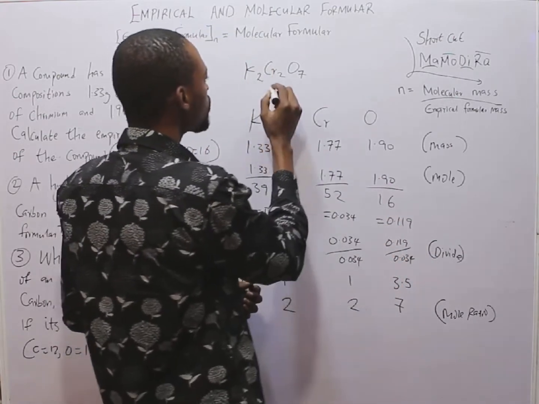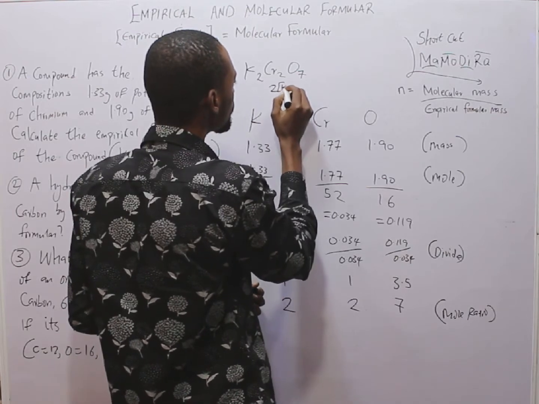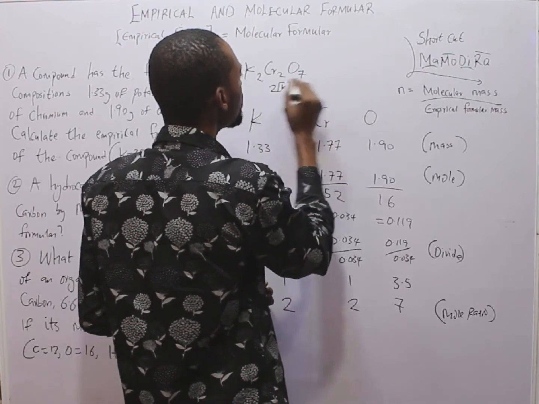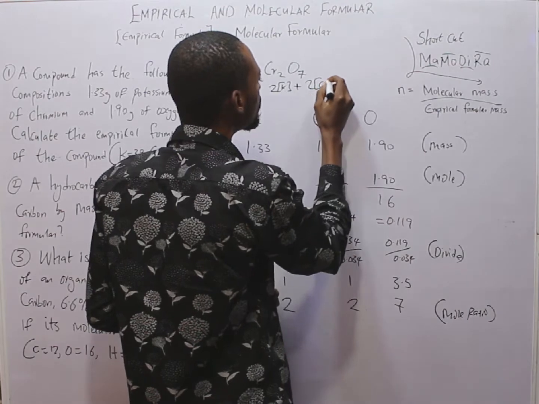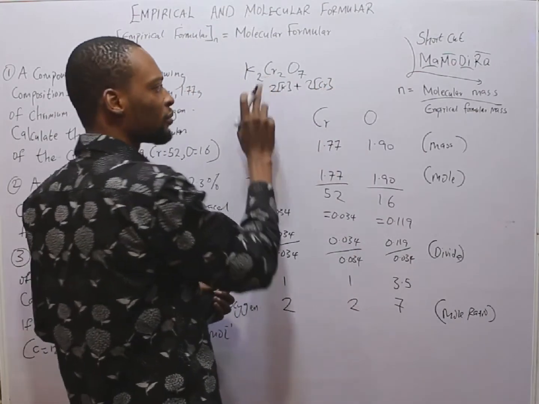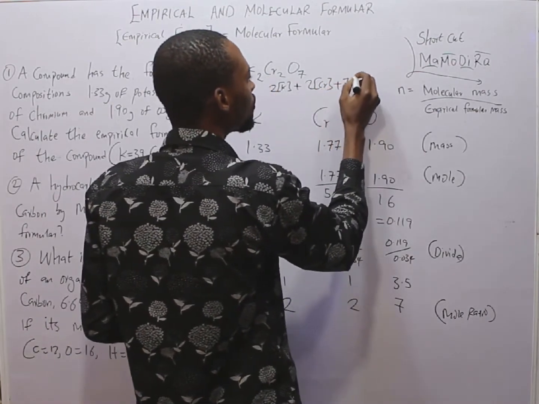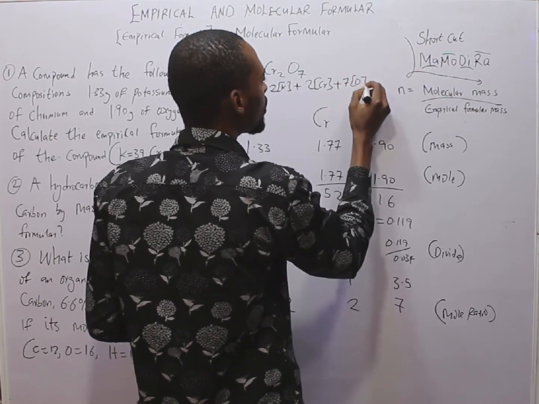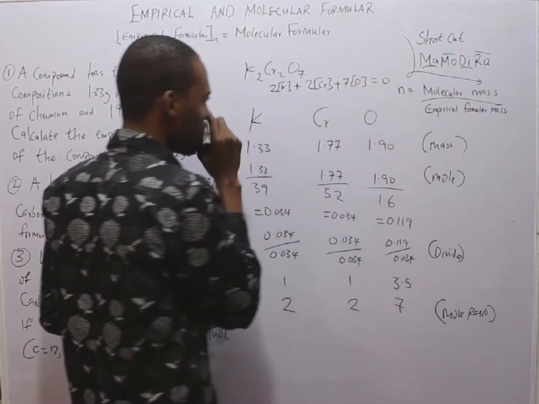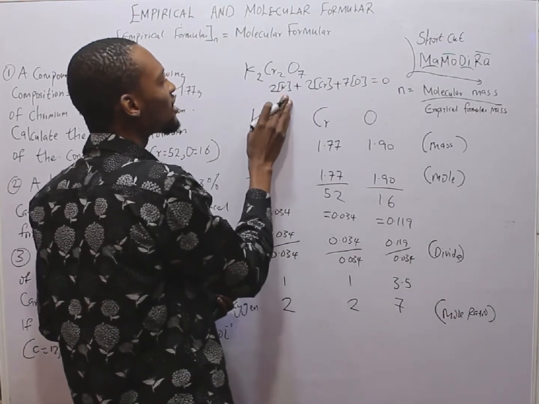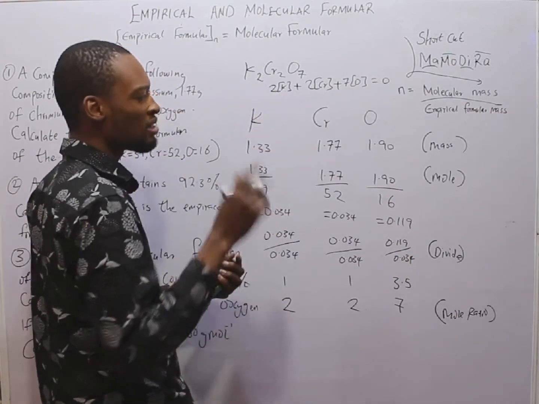So this is 2K plus this is 2Cr, we are looking for the oxidation number of chromium, plus this is 7 oxygen. Everything equals 0. The oxidation number of potassium in any compound is 1.